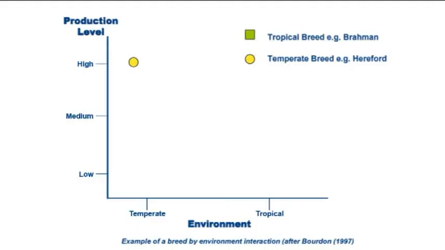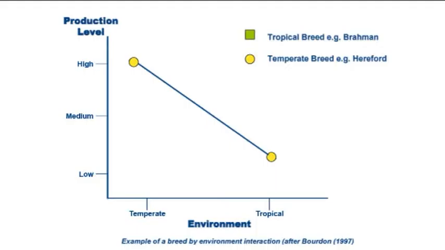Whereas the Hereford breed in a tropical environment performs lowly because it has extremes of climate, internal parasites, which restrict its ability to express its genetic potential. So that's a clear example of what happens with one breed.